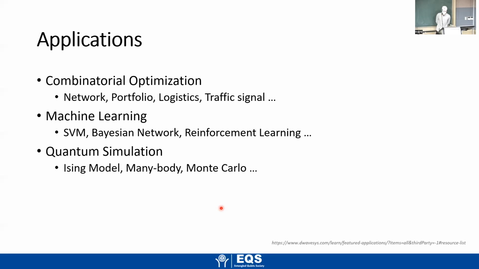There are examples or papers on support vector machines, Bayesian networks, reinforcement learning, and so on. But this is not an exhaustive list. Another application would be quantum simulation, where you can simulate Ising models, many-body problems, quantum Monte Carlo simulations, and so on.